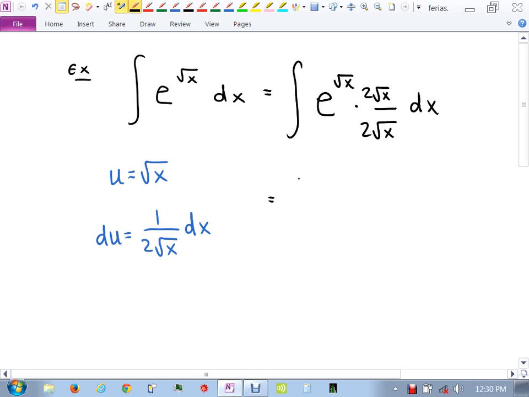So let me rewrite the integral so you can just see it. I have a 2 root x e to the root x times a 1 over 2 root x dx. So I came in there with a very clever 1, didn't I? That 2 root x over 2 root x was a very clever 1 that I'm using to create the du that I need if I make this substitution.